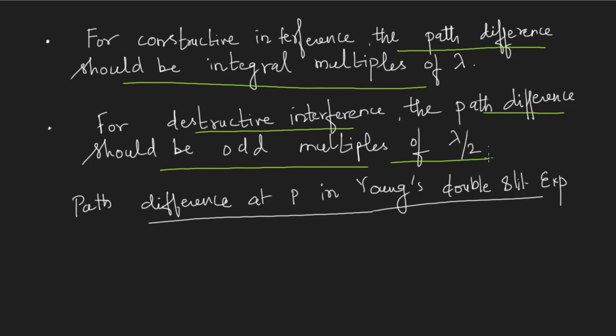Now let us calculate the path difference at P in Young's double slit experiment.